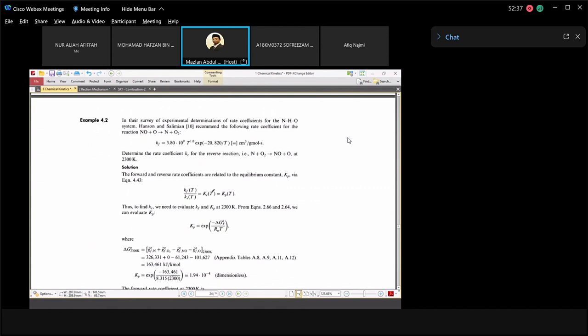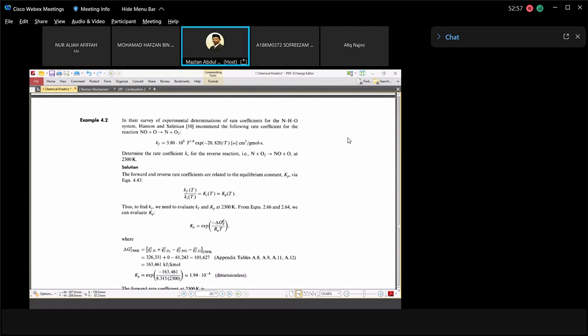So now we have come up with Kf over Kr equal to Kc. To find Kr, we need to evaluate Kf and Kp at temperature 2300.